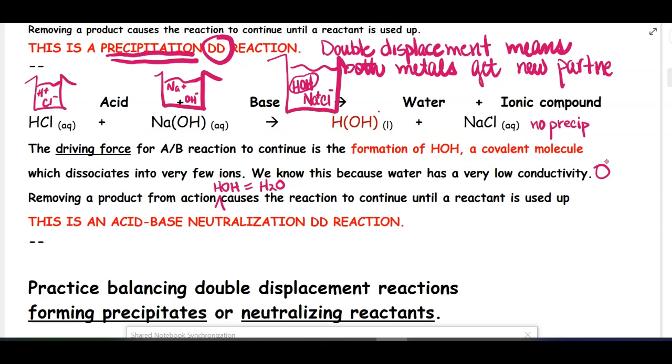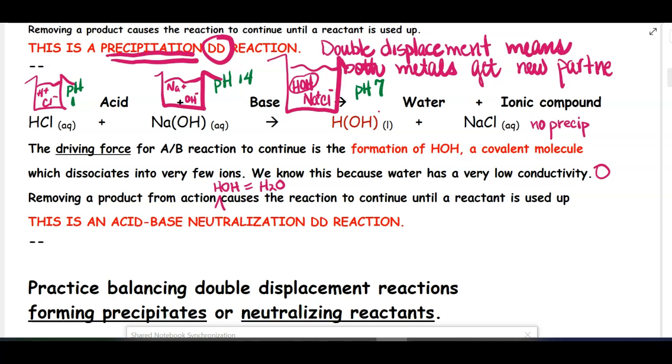The pH of this one is pH 1. This is pH of 14. This is a pH of 7. So the real way we can tell this is a neutralization, if we're not sure, is to do a pH test.